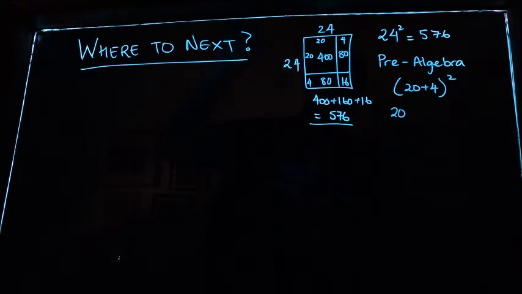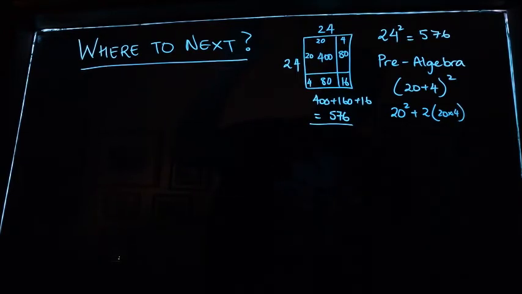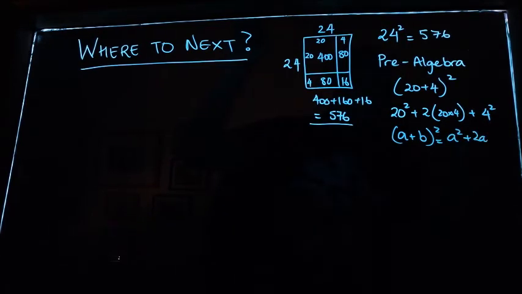We're squaring the first number, then we're adding 2 times these two numbers here, so 20 times 4, and then we're squaring the last number, which was 4 squared. Now in algebra that looks like (a plus b) squared, and then when we expand the brackets there, we get a squared plus 2ab plus b squared.